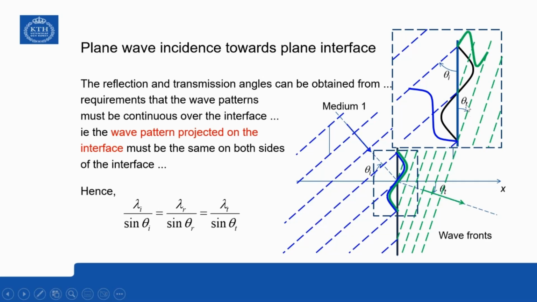So from this boundary condition, you can formulate this rule: the incident wavelength over the sine of the incidence angle must be equal to the wavelength over the sine of the angles for the reflected and transmitted waves.